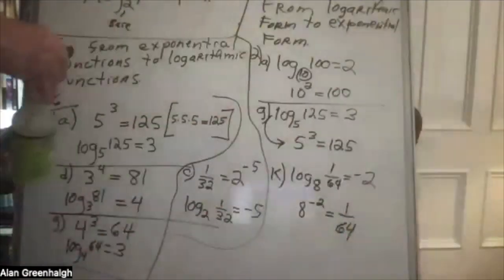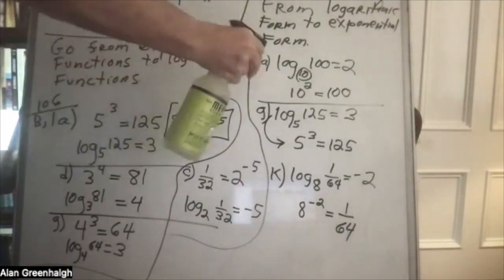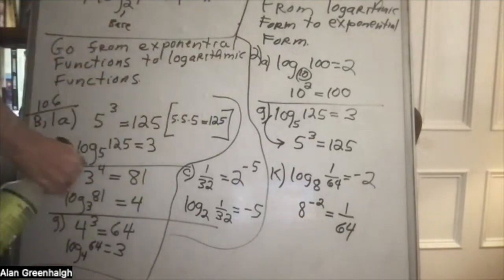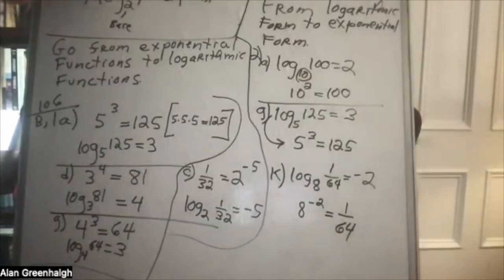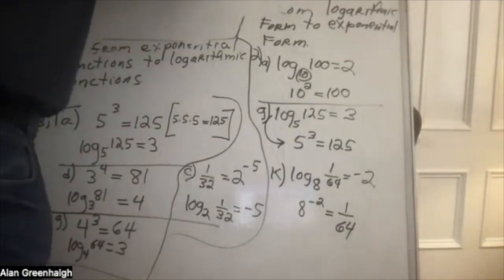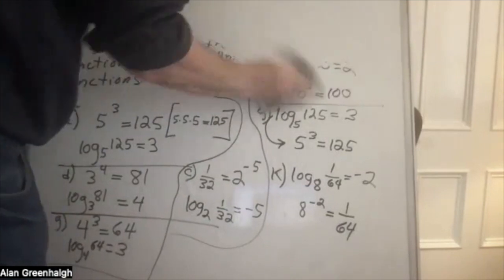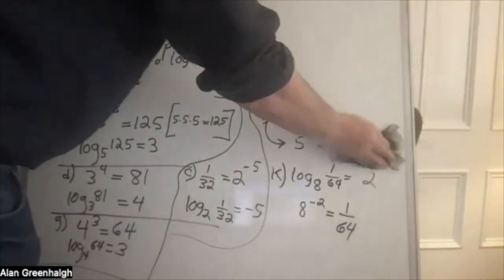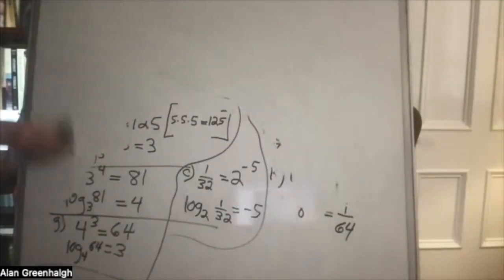So let me get some room up on top, because you're going to need some room in this case. So, when you think of logarithms as being inverses of exponentials, a logarithmic function is simply an inverse of an exponential function.